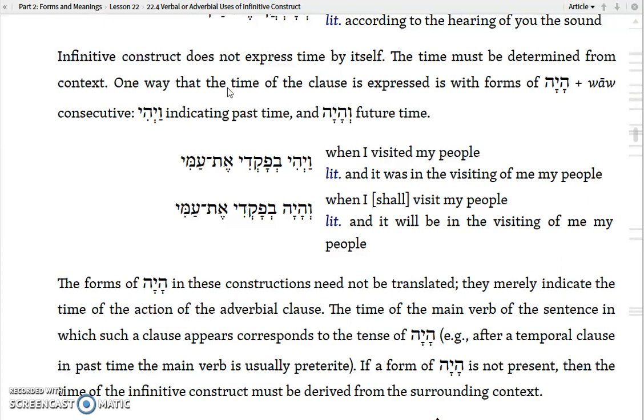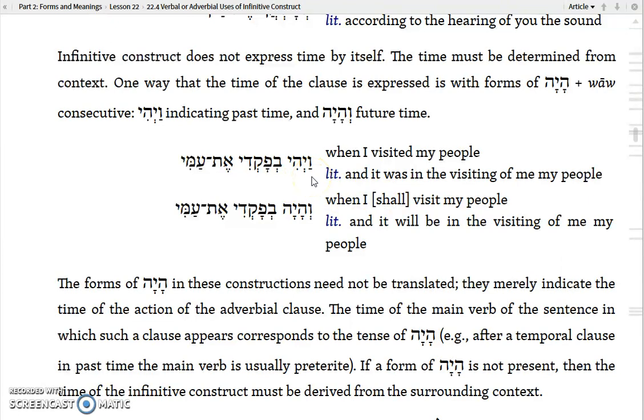And one way that the time of the clause is expressed is by haya plus vav consecutive, or vayehi, indicating the time is past. But if it's vehaya, then the time would be future.